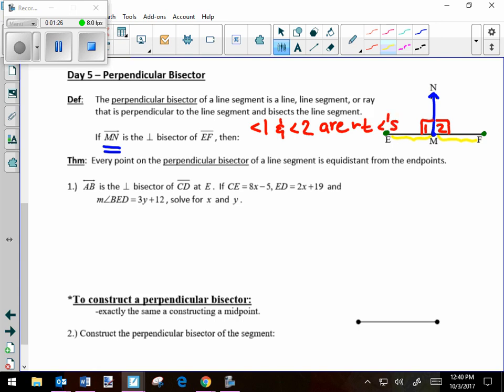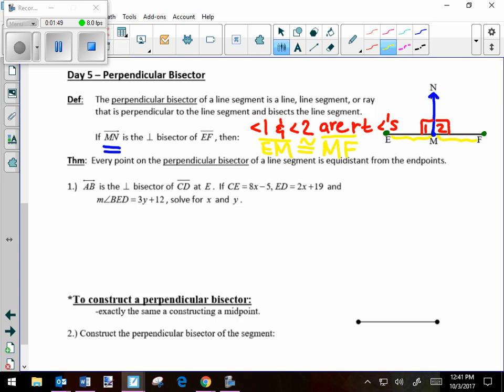And then I also know that the segment that goes from E to M is congruent to the segment that goes from M to F. So perpendicular bisector does one more thing. Other than meeting at perpendiculars, it creates a midpoint, and therefore we have two congruent segments.